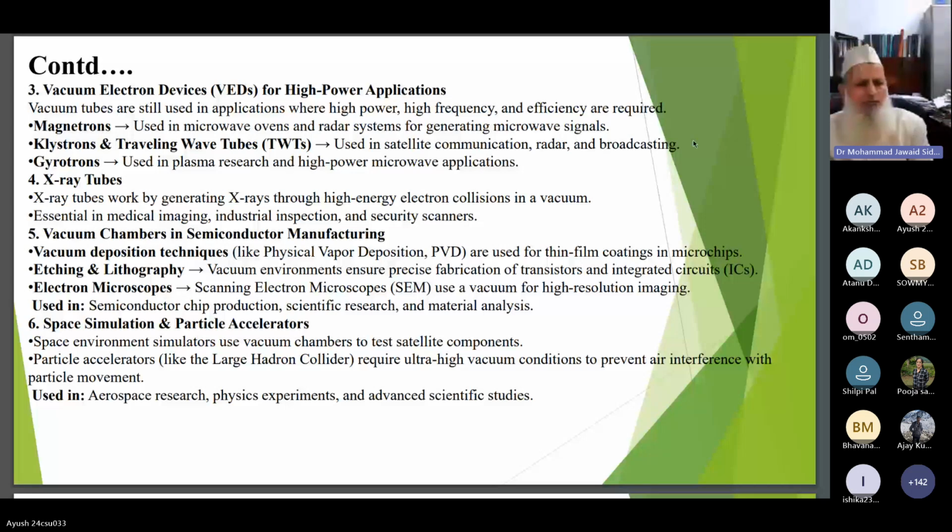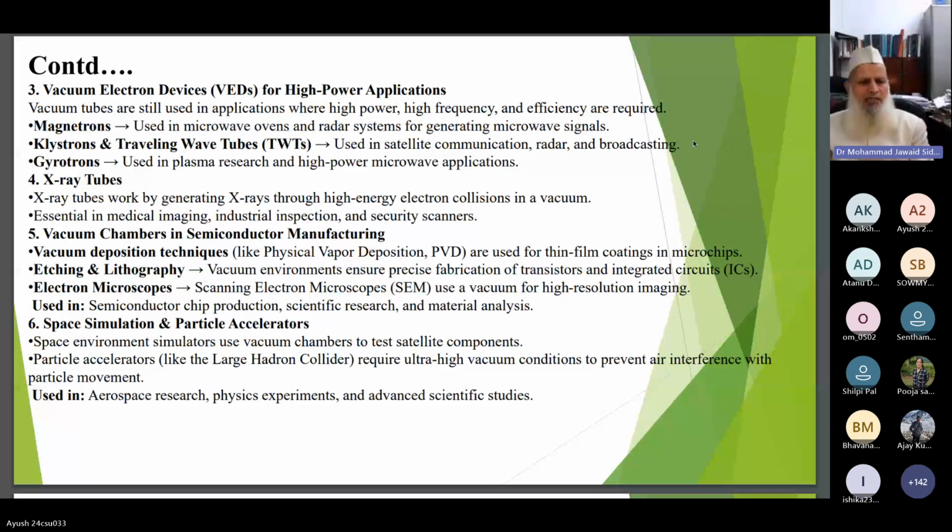The electron microscope is also one of the very important pieces of equipment, and that also requires a high vacuum. The scanning electron microscope uses vacuum for high resolution imaging, used in semiconductor chip production, scientific research, and material analysis.